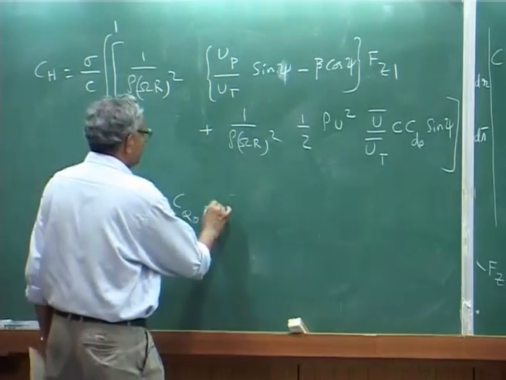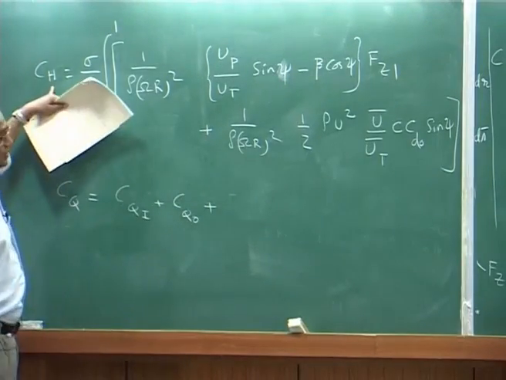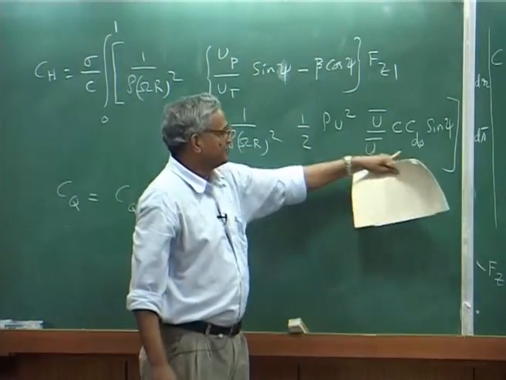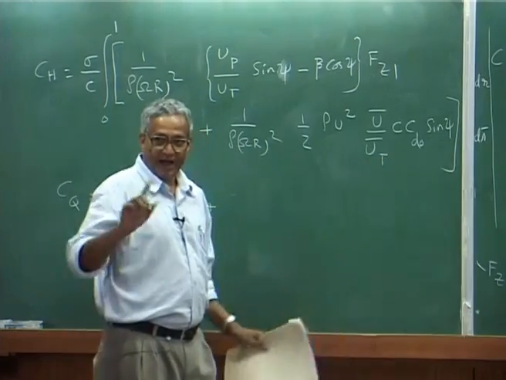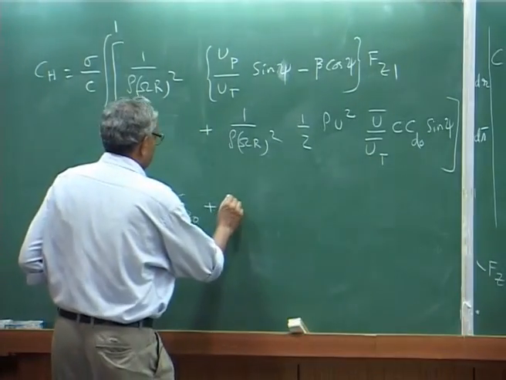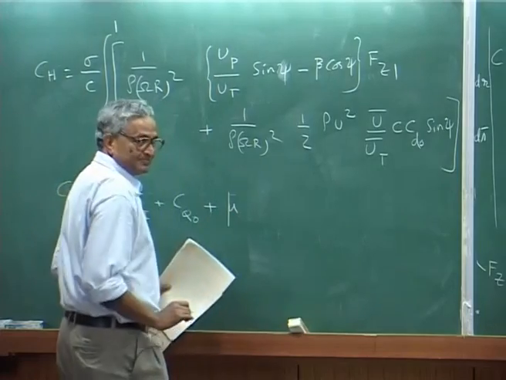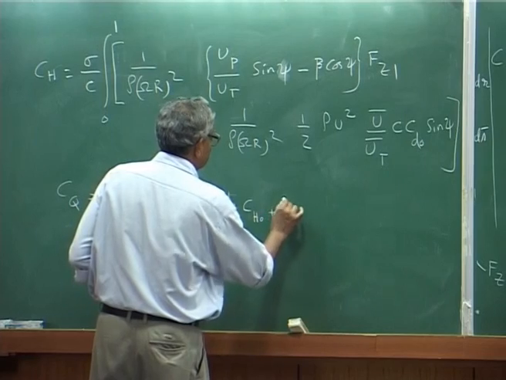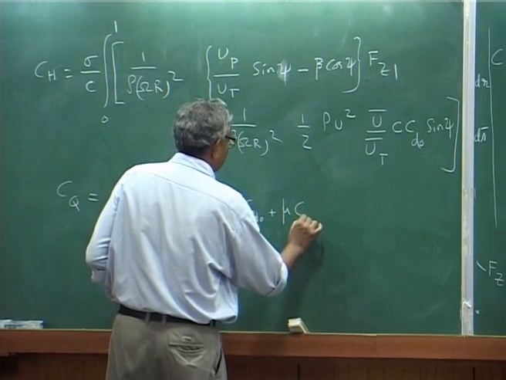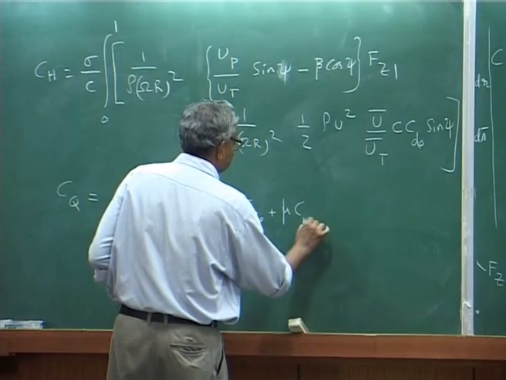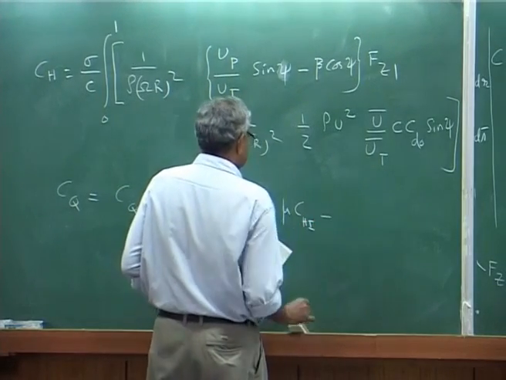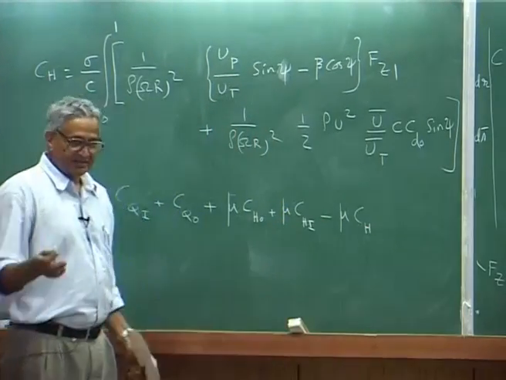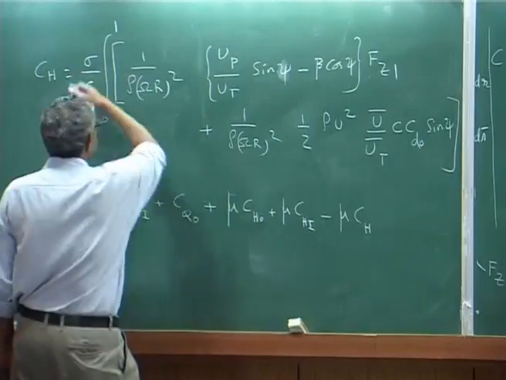Now what you do is similarly you have CH also, induced, that is FZ, and there is a profile. You add and subtract mu times CH 0 plus mu times CH I minus basically mu CH, because CH is this entire thing.